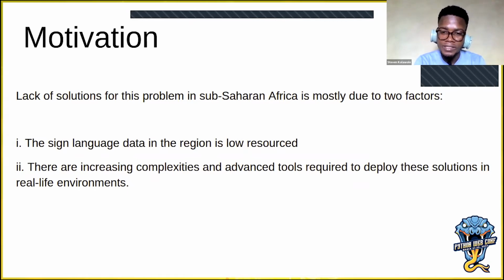One is a South African sign language data set, and the other is a Ghanaian sign language data set. And it turned out that both data sets are just POCs, proofs of concept. I mean, it's not really something that you could use for reproducible science. So we needed to create one from scratch if we want to circumvent this particular problem.